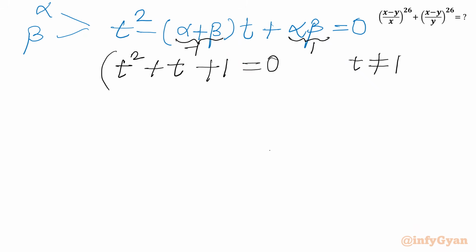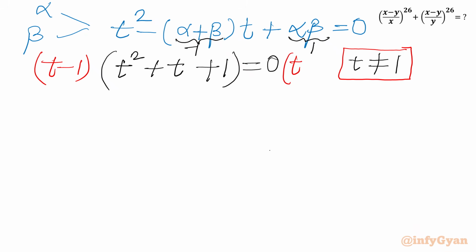Now I can multiply both sides by t minus 1 because t cannot be equal to 1. Let's multiply. I will write t minus 1 times t square plus t plus 1. Now this is one algebraic identity, t cube minus 1 cube, and in RHS we will write 0.